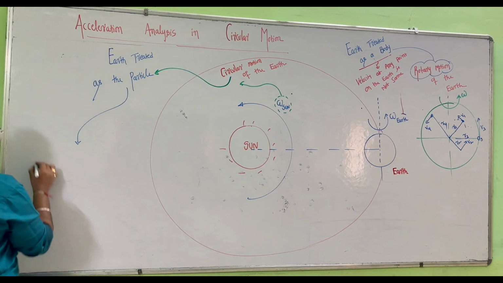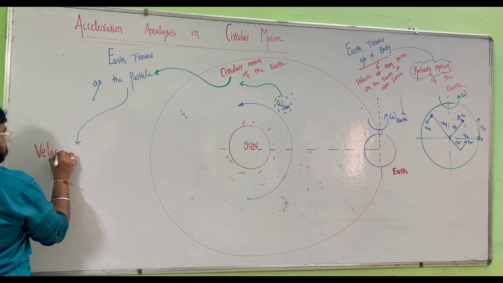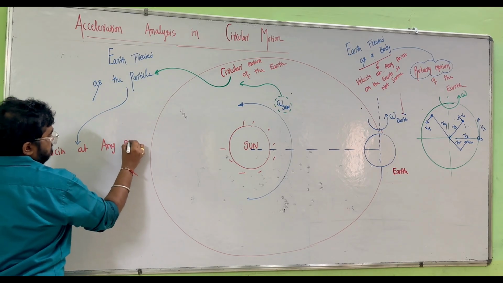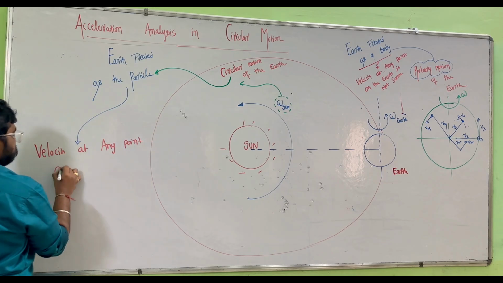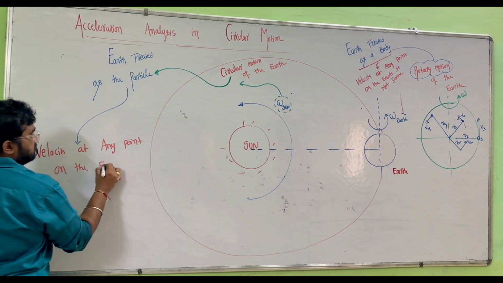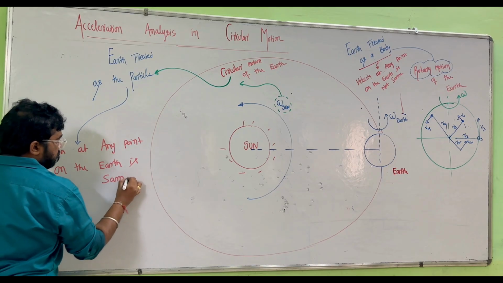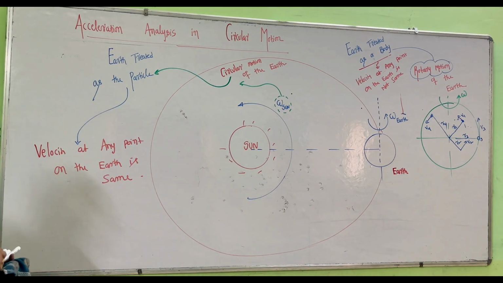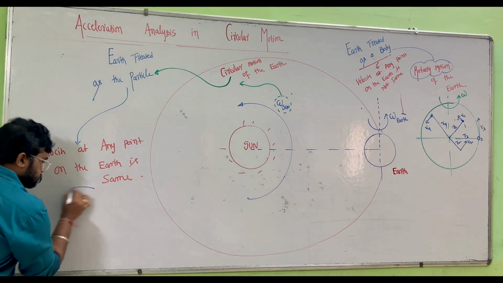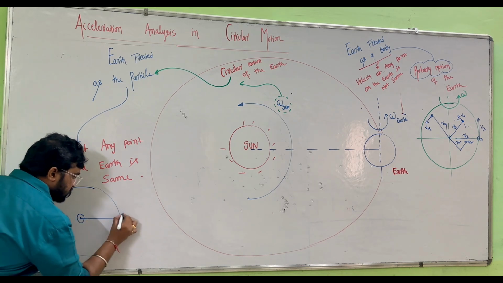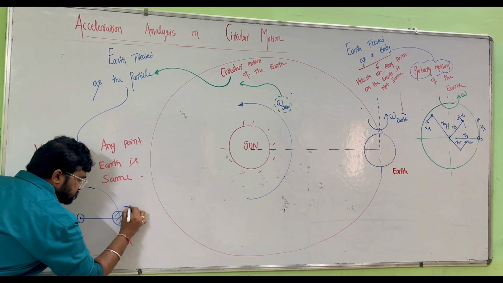Velocity at any point on the Earth is the same. Clear? So this is the circular motion. Here, about the center of rotation, Earth is treated as a particle.